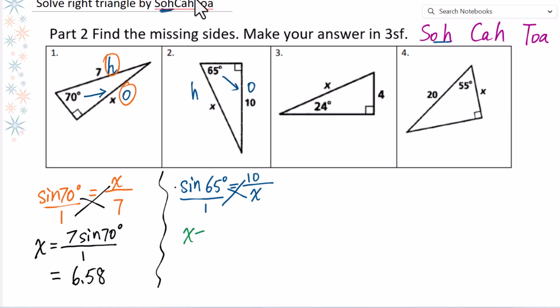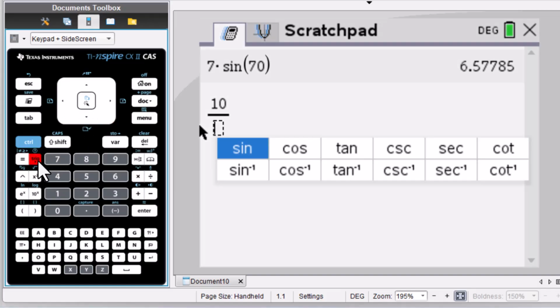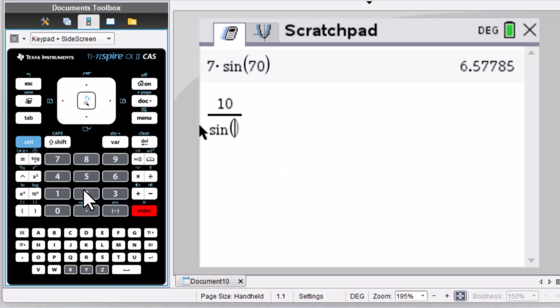Then X equals, the same line goes to the denominator, sine 65 degrees. 1 times 10 is 10. Let's go to calculator. Control divide. 10 over, go to trig sine 65 degrees. Make sure this is degree, then enter. 11.0 as 3 sig figs.